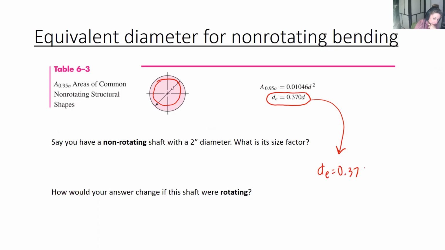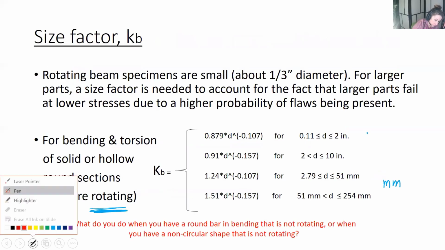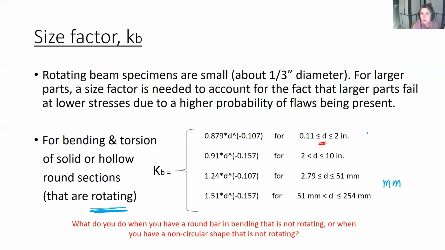So 3.7 times 2 inches. So that is 0.74. So what we do is use that equivalent diameter in the appropriate expression for Kb. So now we have D, we have to use the equivalent diameter here, and that's always the kind of confusing part for people.